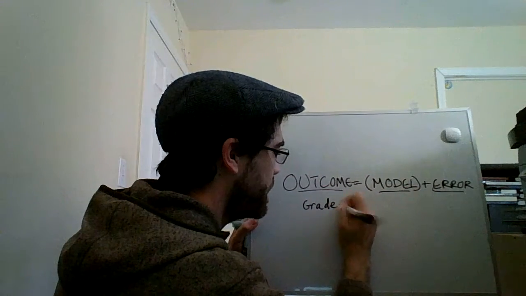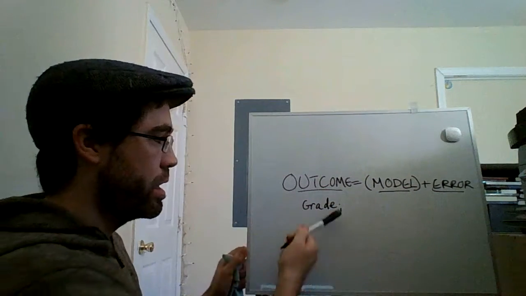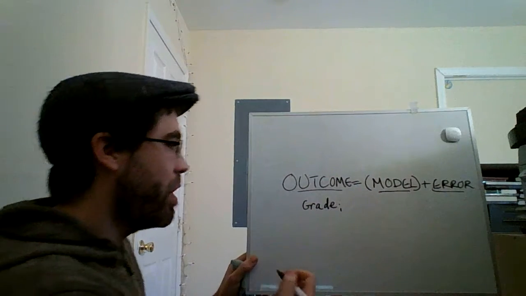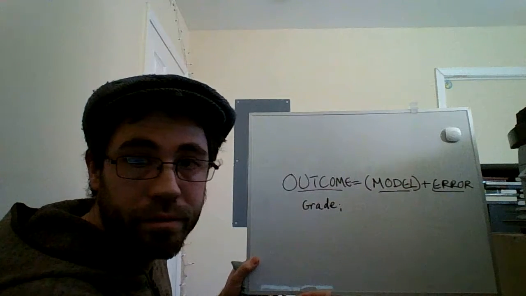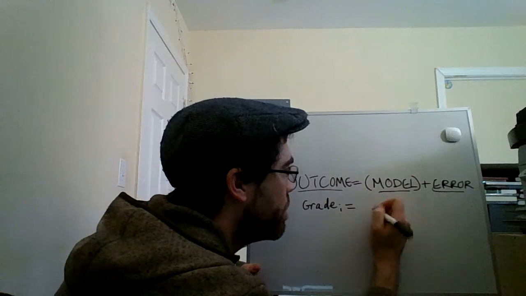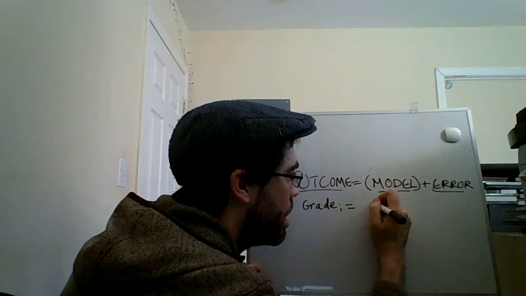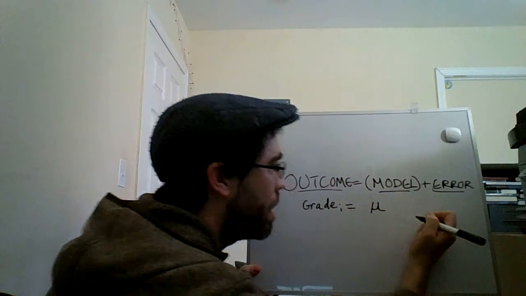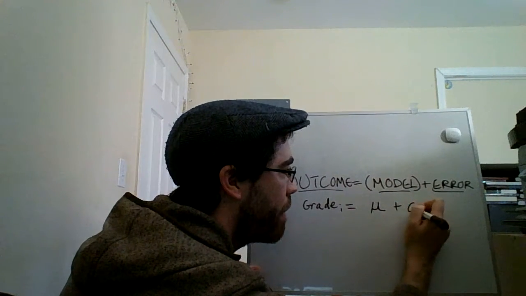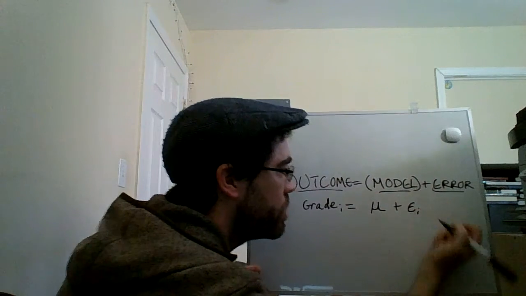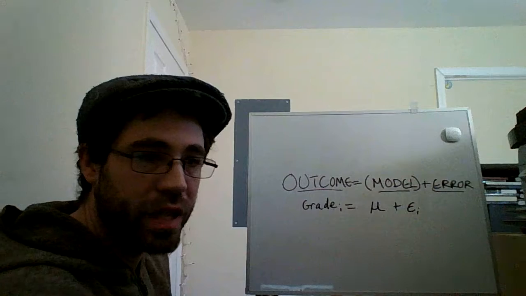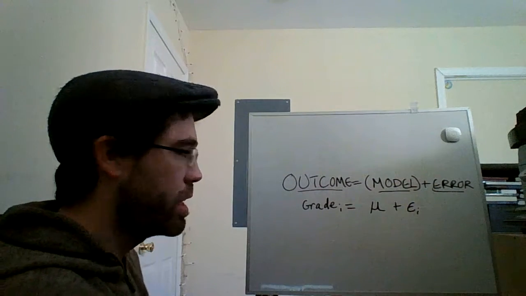We'll use the I subscript to mean, just like in the sums, grade of student number I. That's equal to the mean, which we'll represent by a Greek mu here, plus the error for student I. You notice the mean doesn't have an I. That's because it's constant. It's the same for each person.